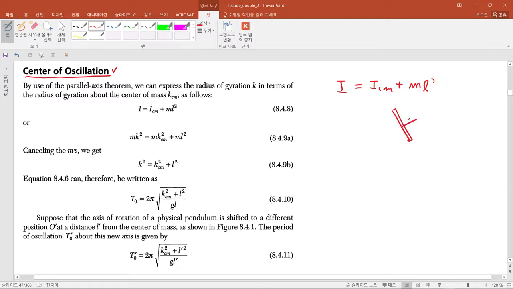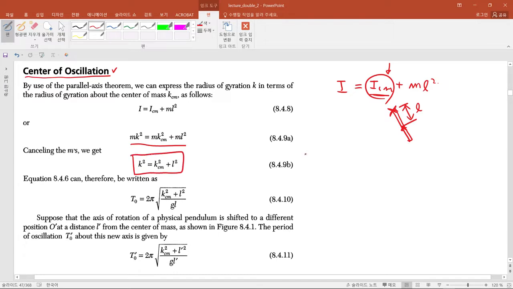If this is the pivot point, this is l, and the moment of inertia about this point is that of the center of mass plus m times the distance squared. The center of mass always gives the smallest moment of inertia. So you have m k squared equal to m k center of mass squared plus m l squared. If you cancel the m's, you have this.